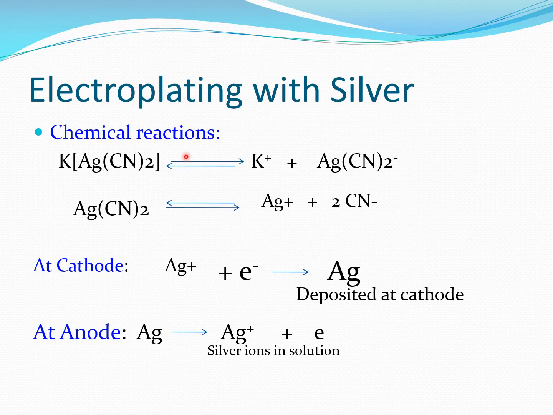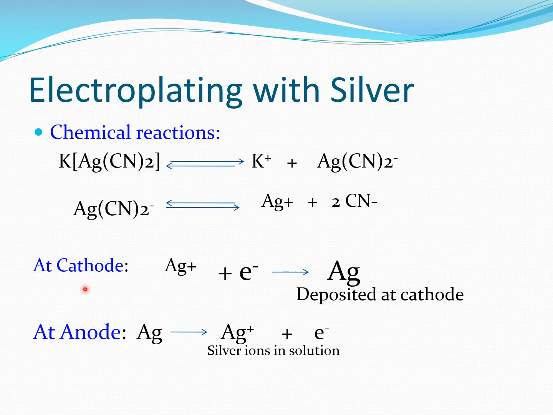The chemical reactions that take place: first, potassium argentocyanide dissociates into K+ and the argentocyanide ion, which further dissociates into silver ions, that is Ag+, and cyanide ions. So there is a slow liberation of silver ions from the dissociation of potassium argentocyanide.